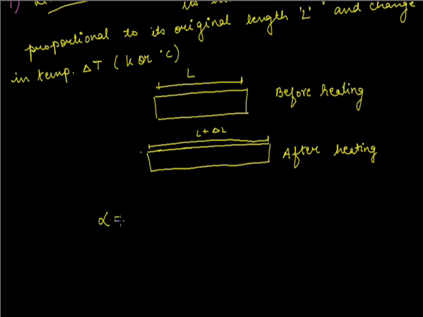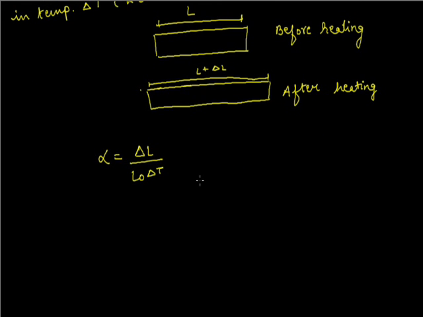Alpha here is equal to delta L upon L naught delta T, where alpha is called the coefficient of linear expansion.